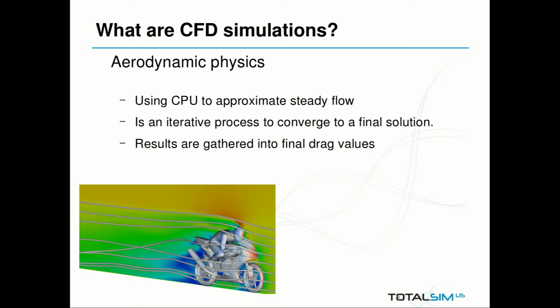It's an iterative process to converge to the final solution, so they can take quite a long time iterating through the physics to get to that final solution, which increases the computation time as well. Finally, these results are gathered into final drag values, lift values or downforce values for final decisions to be made about new parts or new designs of the vehicle.